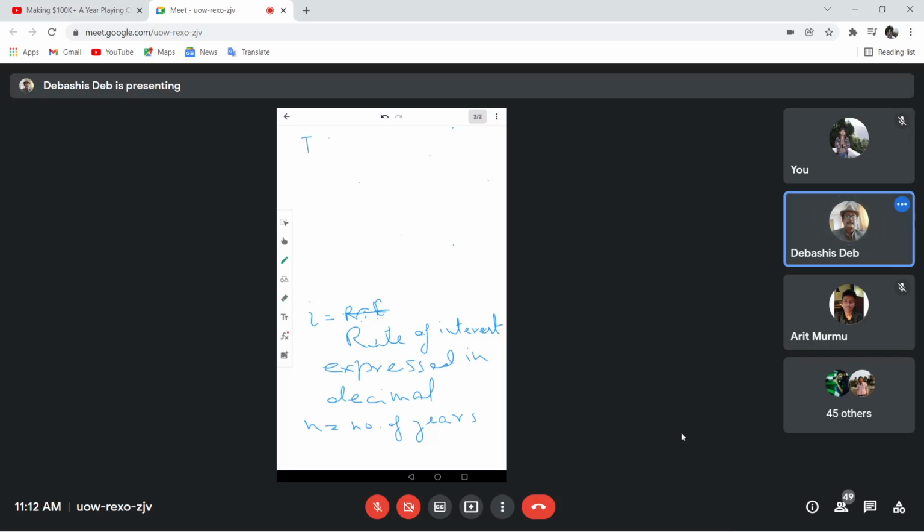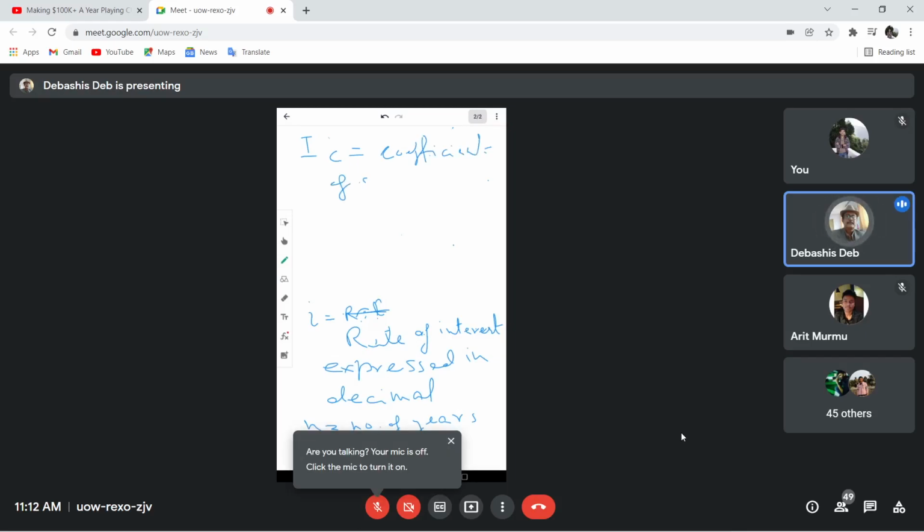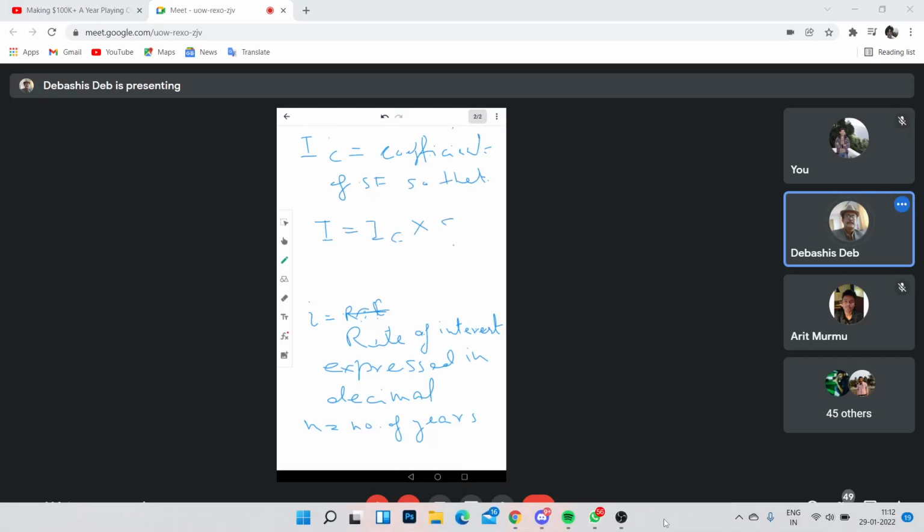IC equal to coefficient of sinking fund, so that I equal to IC into S.